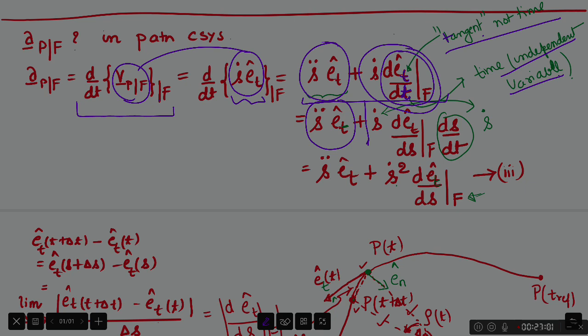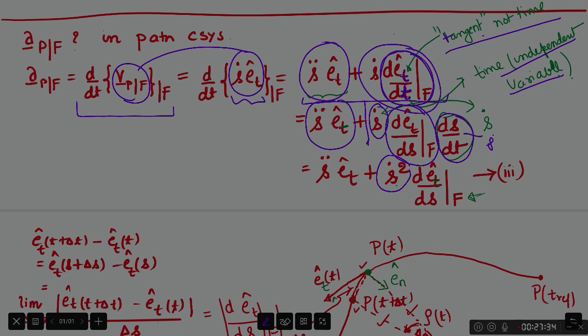With my motive to process it, I am going to again apply the chain rule of differentiation and write this time derivative as a product of the first derivative with respect to s, and then the second factor, which is the rate of change of s itself, which can be written as s dot. That s dot I bring back here and it becomes s dot square.